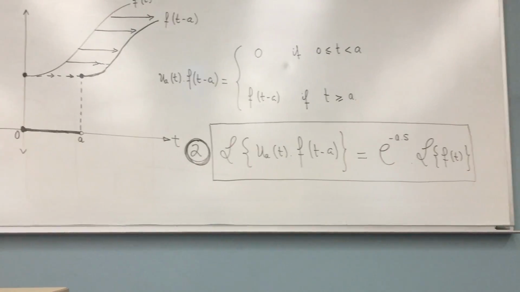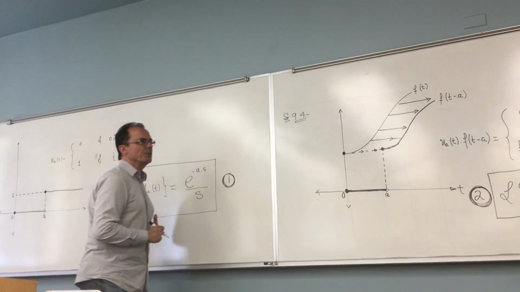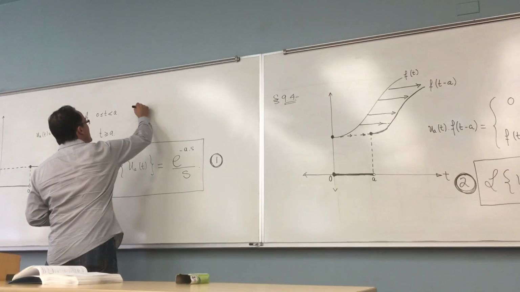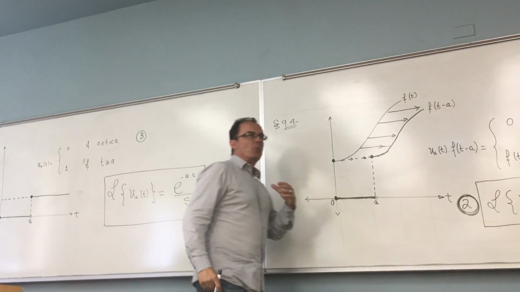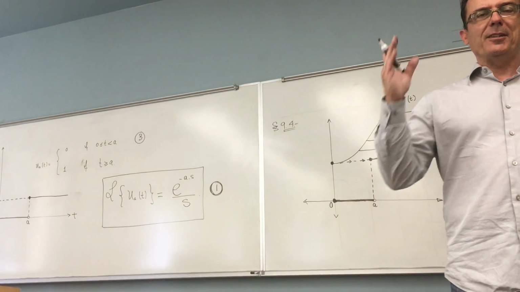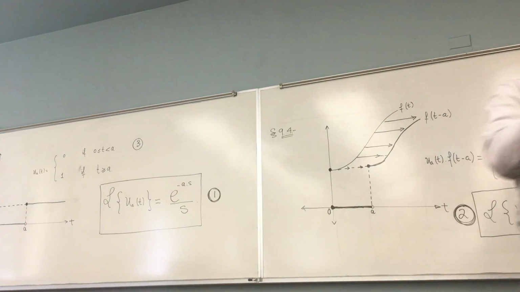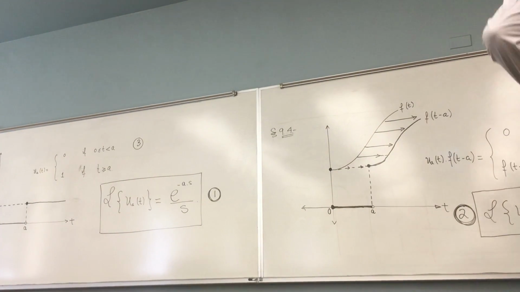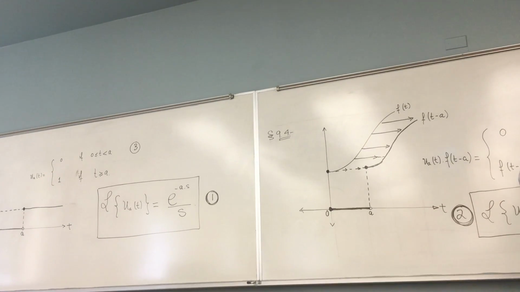And then the last formula that we want here is number 3. I'm going to put it up here. It's when you have a periodic function in the non-homogeneous term. What does that mean? Periodic. It repeats itself, right? And that might be what the generator is doing to the circuit.